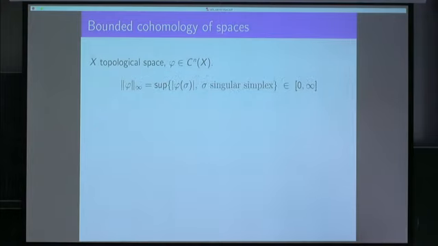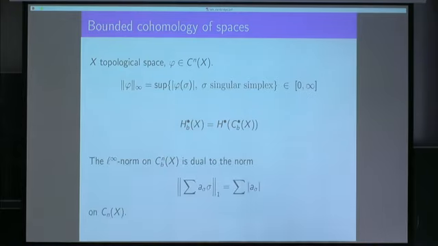Okay, for topological spaces we can do basically the same thing. Now the norm of a singular cochain is just the supremum of the values that the cochain takes over singular simplices. And again, we can take just the complex of bounded singular cochains, and the cohomology of this complex is the bounded cohomology of the topological space.